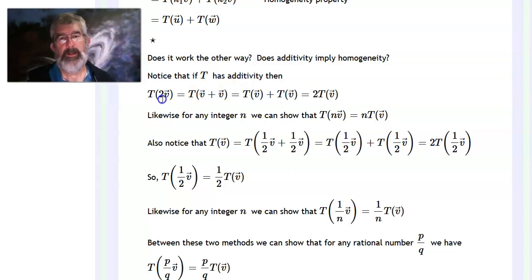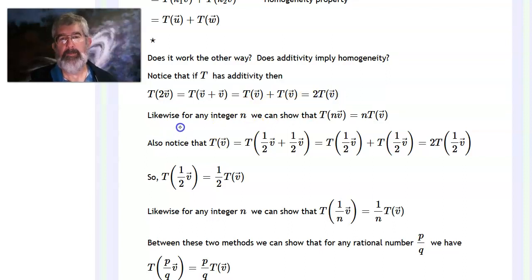Well, if I take T of 2 times a vector, then that would just be T of that vector plus itself, v plus v. And if it has additivity, then I know that that's equal to T of v plus T of v, but that's just 2 times T of v. So it looks like T of 2v is 2 times T of v. Good.